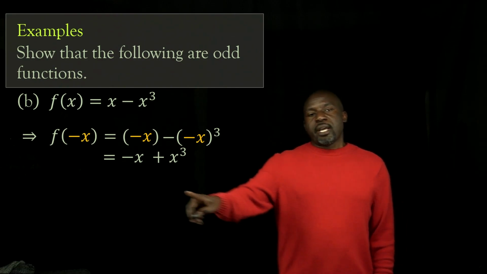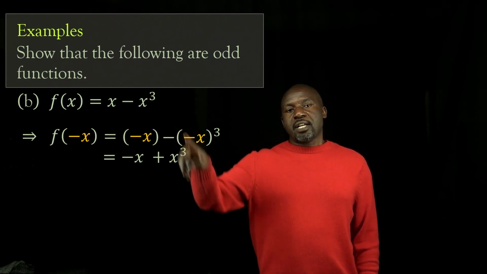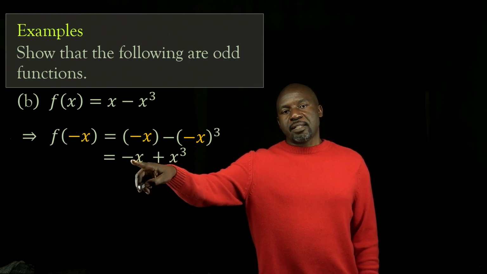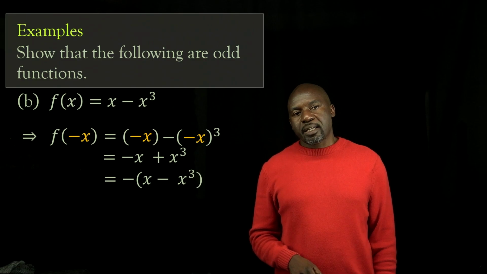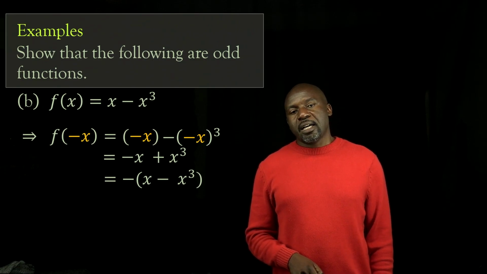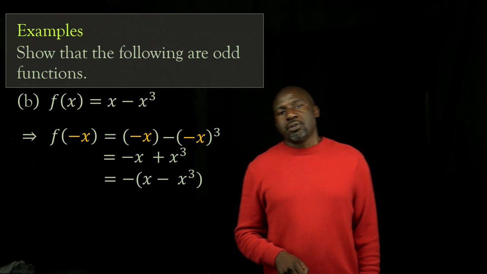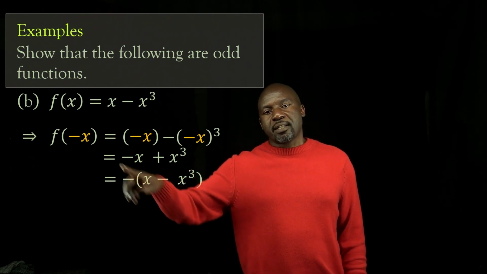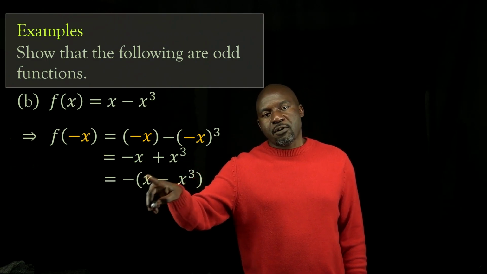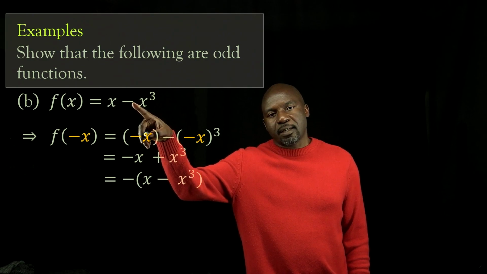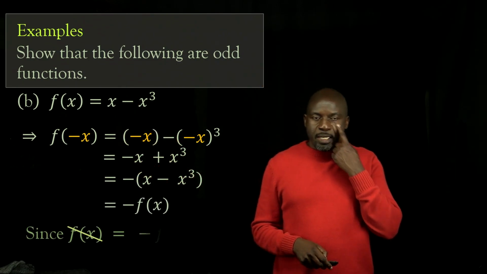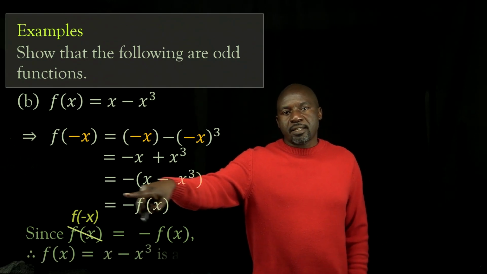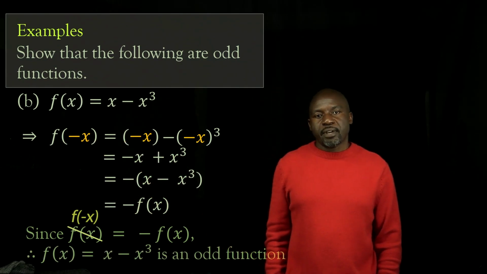And so comparing this result here with that result, before we do that, we can factorize the negative out, and I will have negative of x minus x cubed. So you can see that f of x is the negative of this, which is that. So f of x is the negative, right, which is the same as f of negative x there.